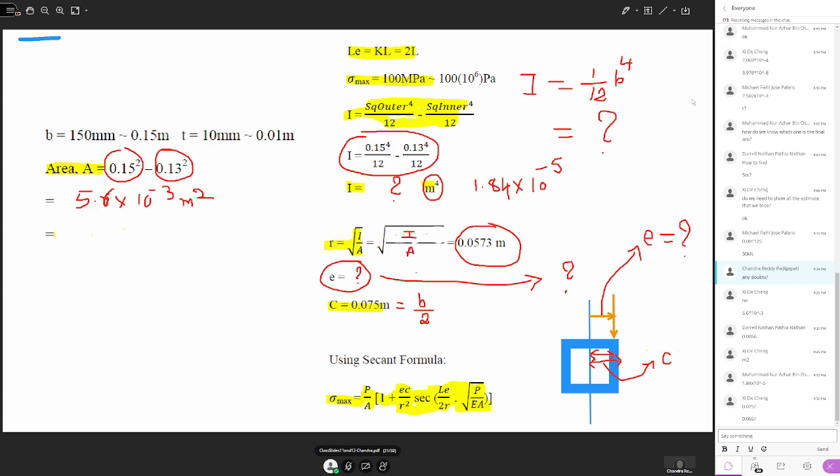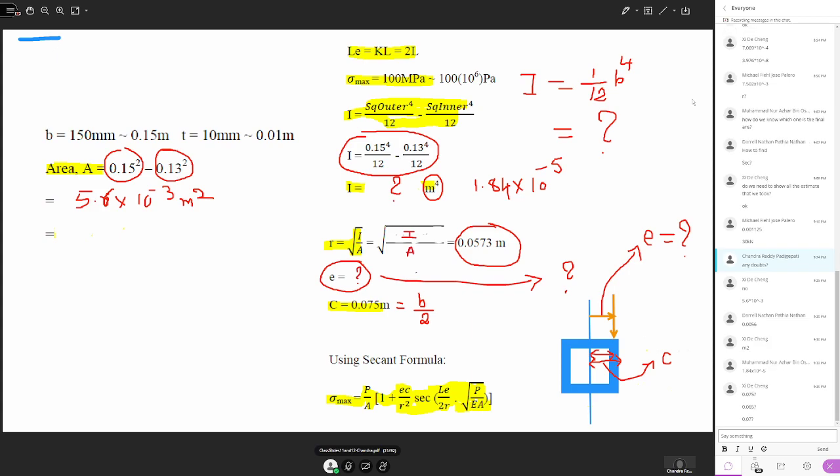The problem says that the load is acting on the outer edge of the column at the midpoint of the side. So can you revise your value?